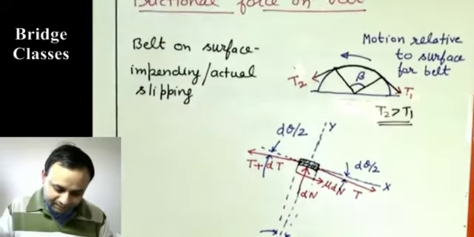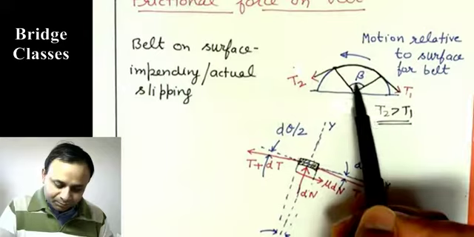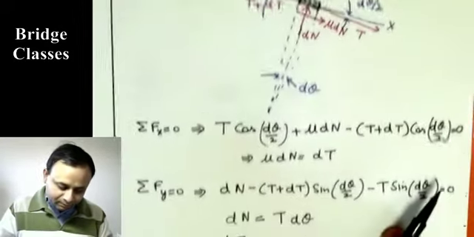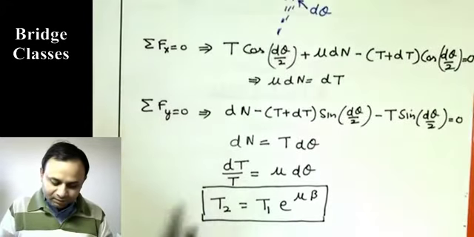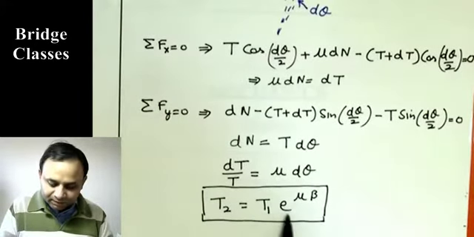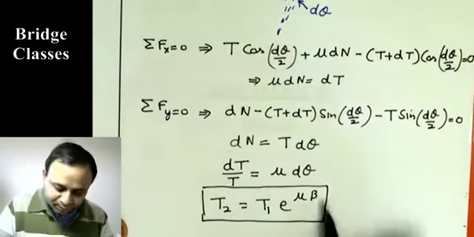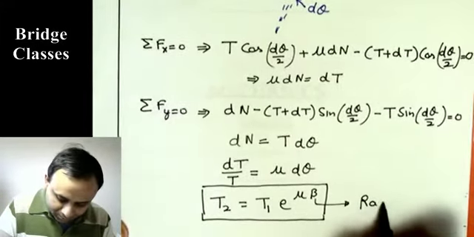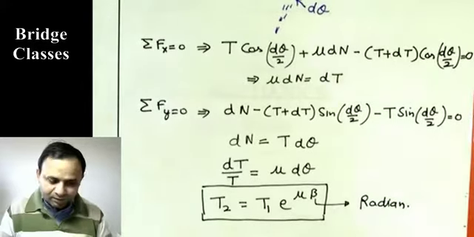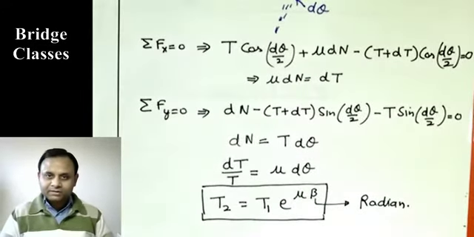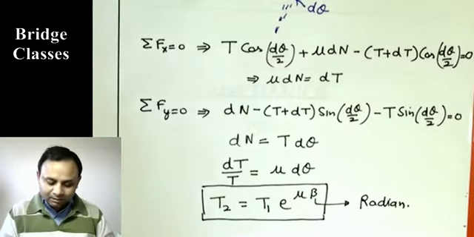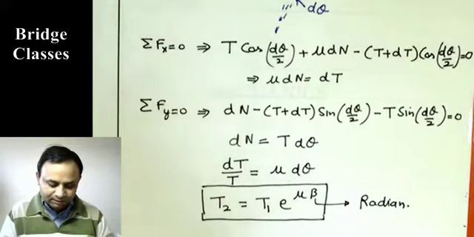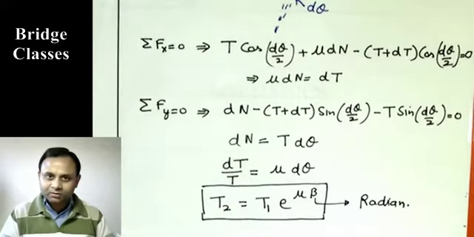If we integrate this for this entire angle beta, where tension is T1 here and tension is T2 here, the integration gives us T2 is T1 e to the power mu beta, where beta is the angle in radian, not in degree. So when we have frictional force on a belt, the tension in the belt is not the same. We get this relation: T2 is T1 e to the power mu beta.